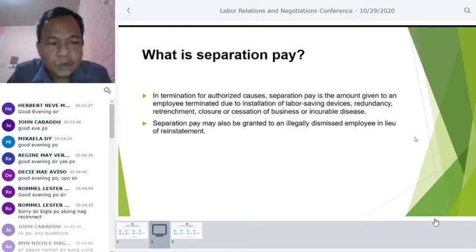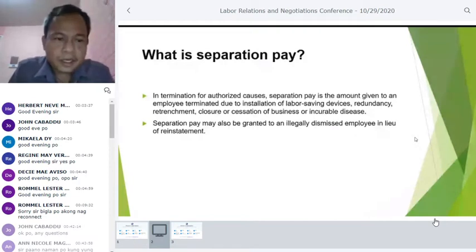It is very clear and simple that employees who are terminated due to just causes are not given separation pay. Okay? Those employees who are terminated due to just causes. What are just causes?